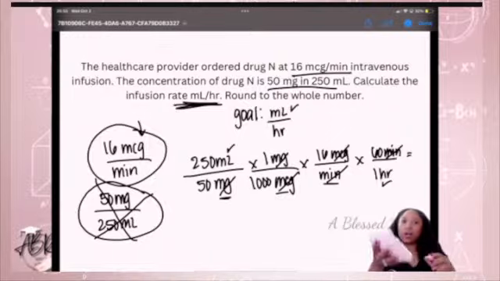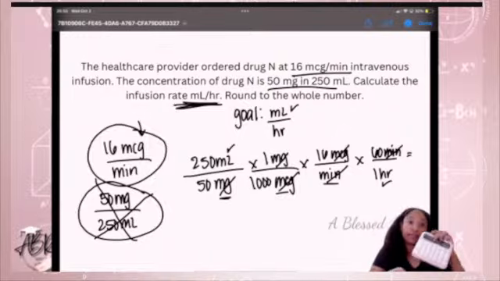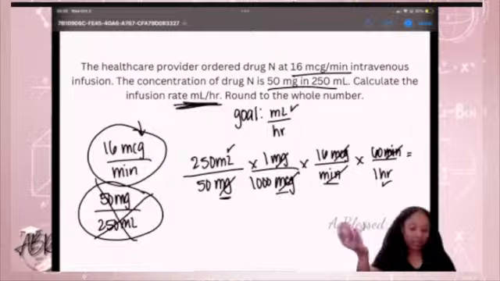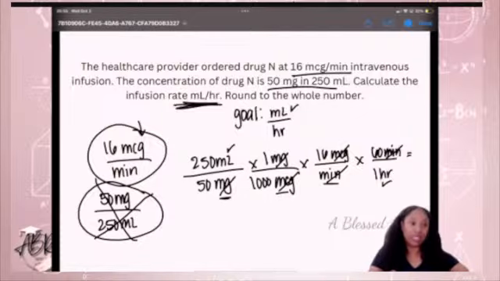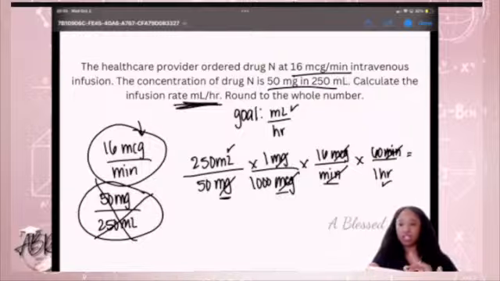All right, so I'm going to do the calculator trick. I'm going to keep everything inside the calculator, and I'm going to multiply all of my numbers across the top. I'm going to hit divide once I get to the top, and then I'm going to put all my numbers in on the bottom and hit divide in between those. So 250 times 16 times 60.